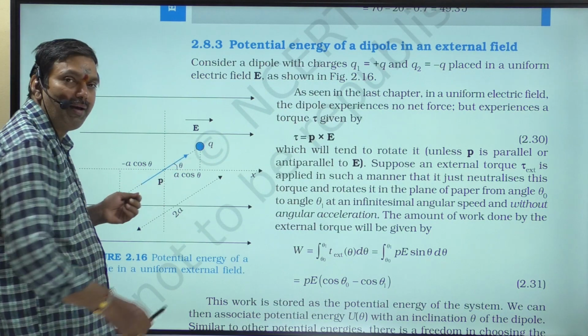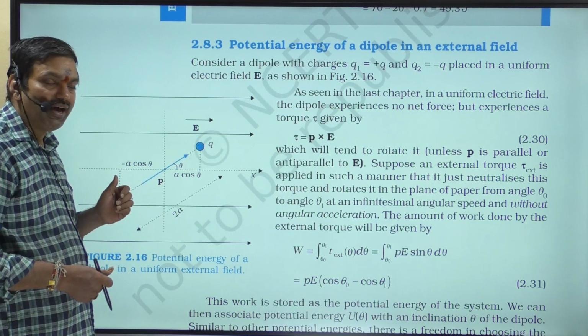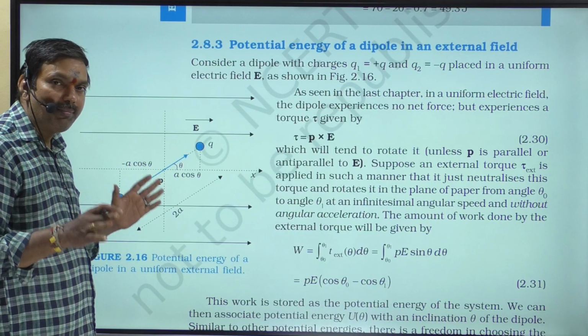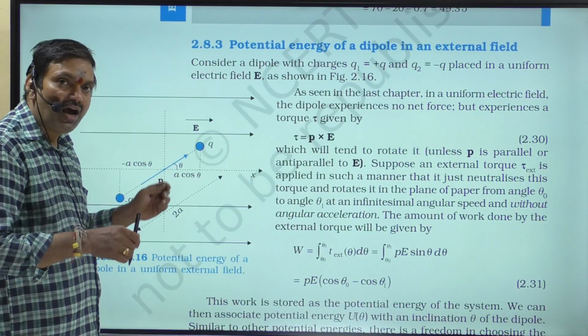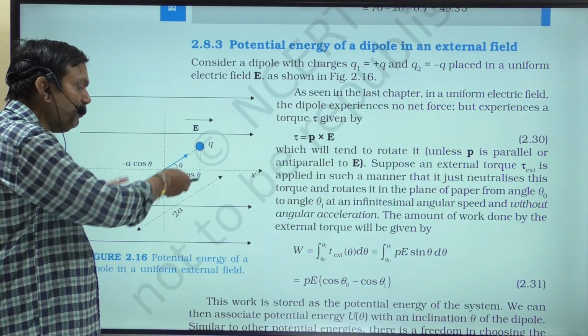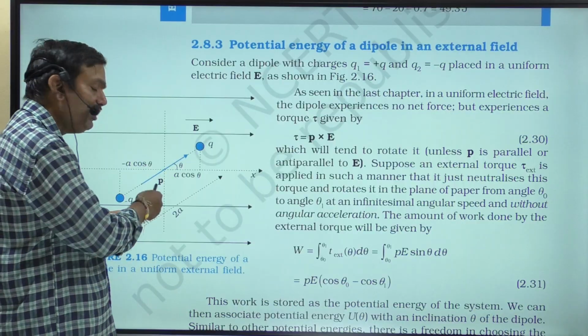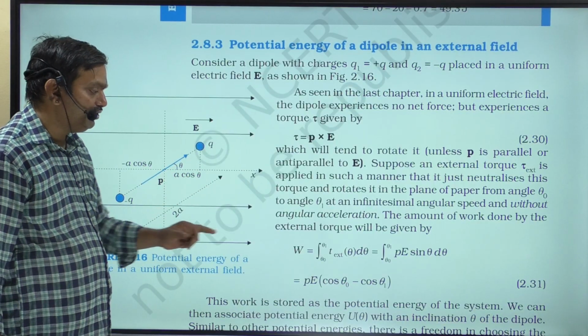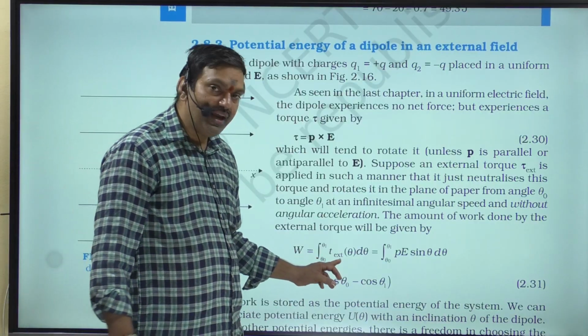These two are equal in magnitude but opposite in direction. So therefore the net force is zero, but these two forces acting simultaneously result in a torque or twisting moment. They try to rotate the dipole. So in order to bring the dipole back to the original position, you need to apply some external torque which neutralizes the effect of this torque. So work will be done by the external torque.